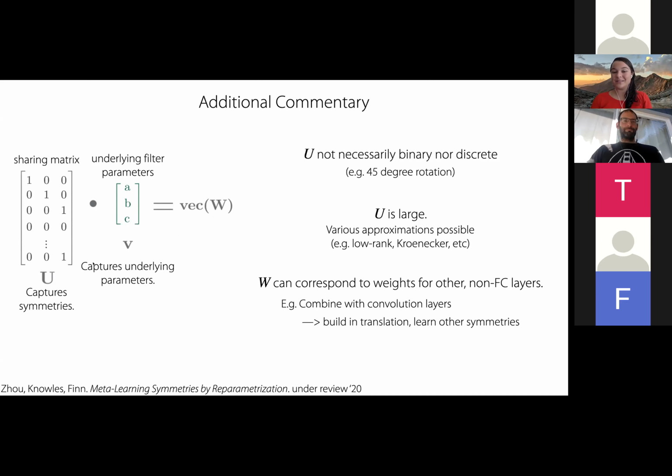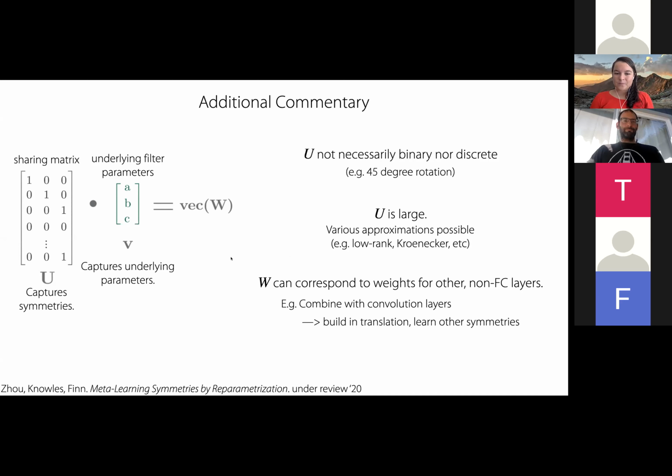So yes, the sharing matrix may get quite large depending on what sorts of equivariances and invariances you want to capture. I think the solution may be to use various approximations, such as low-rank factorizations or Kronecker factorizations, but that needs a lot more investigation to fully understand.